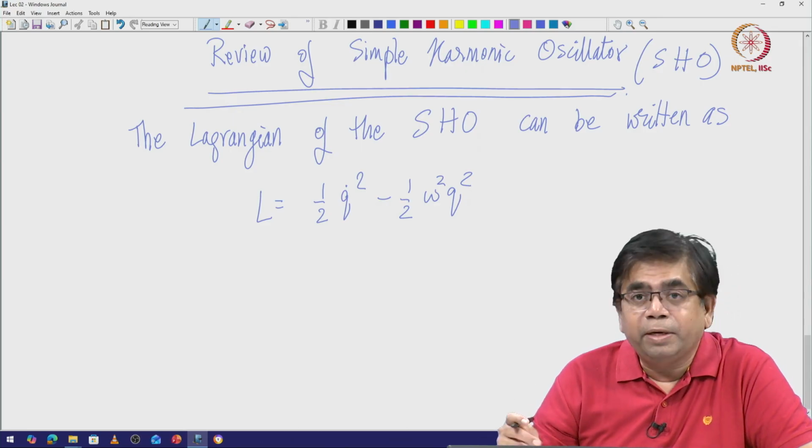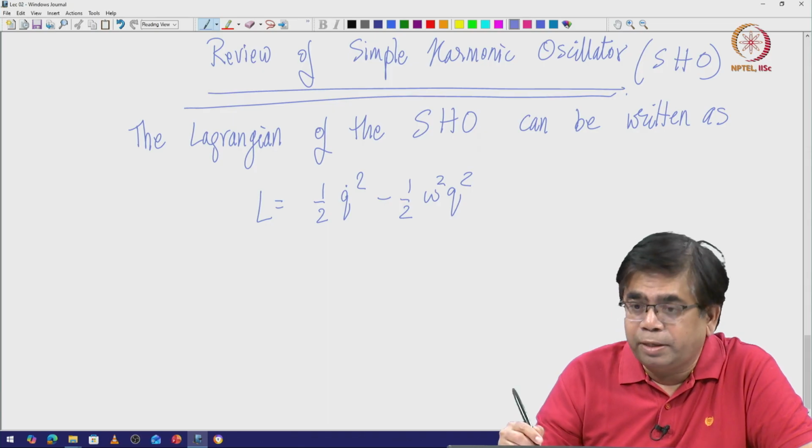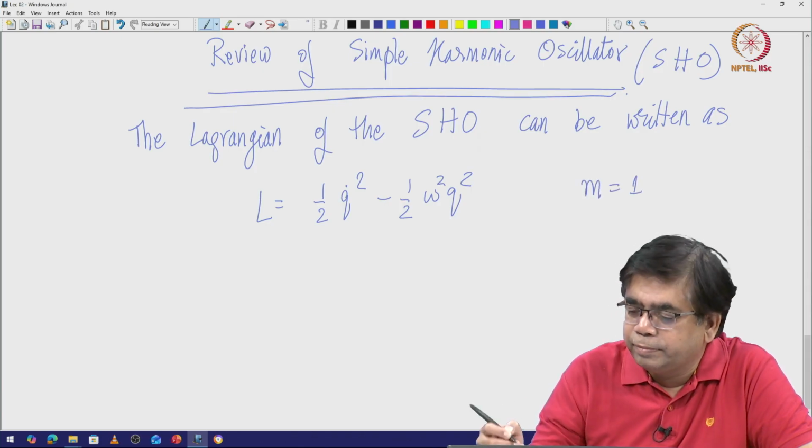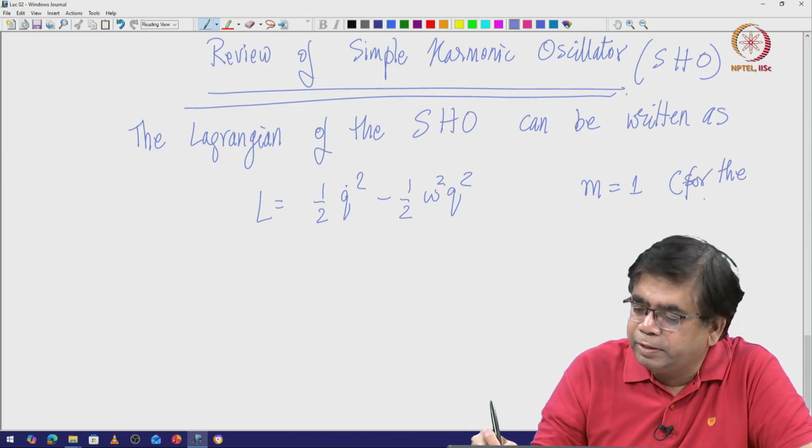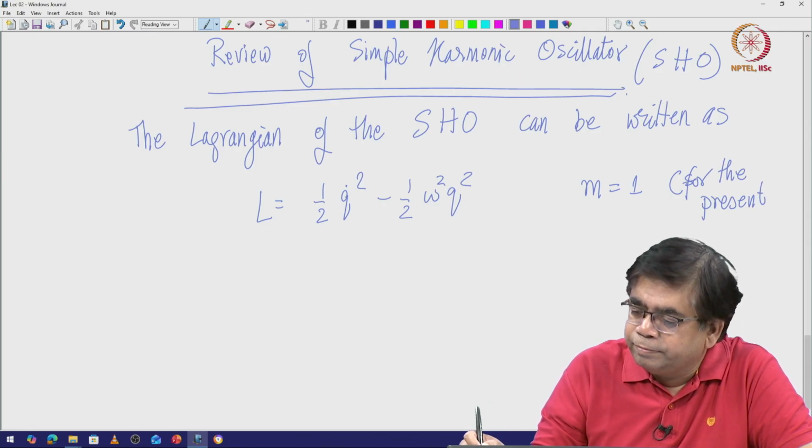Normally we write m omega square q square, but I choose m equal to 1 for the present.